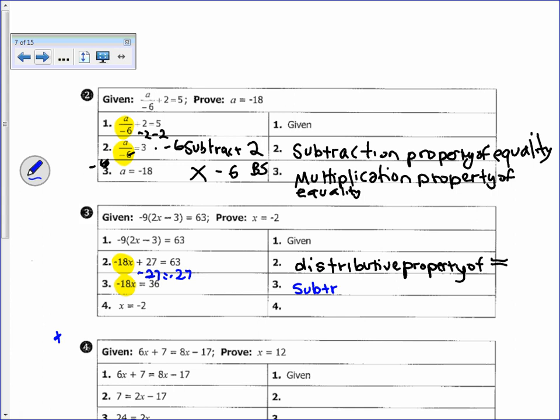The subtraction property of, don't forget the symbol, of equality. For step 4, going from step 3 to step 4, you are dividing -18 on both sides. That means your property is the division property of equality.